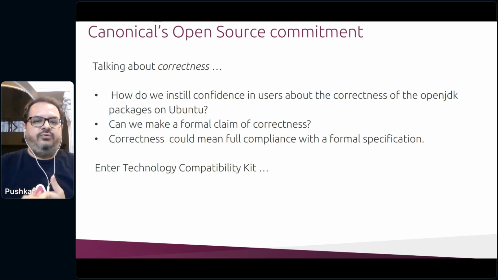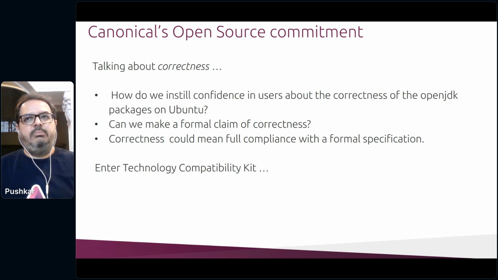How can we instill confidence in users about the correctness of the OpenJDK packages on Ubuntu? Because it's an open source project. Yes, it is spearheaded by a bunch of companies, and yeah, that should instill confidence. But still, when you are shipping a binary, why should a user trust that binary? Second one, how can we make a formal claim of correctness?